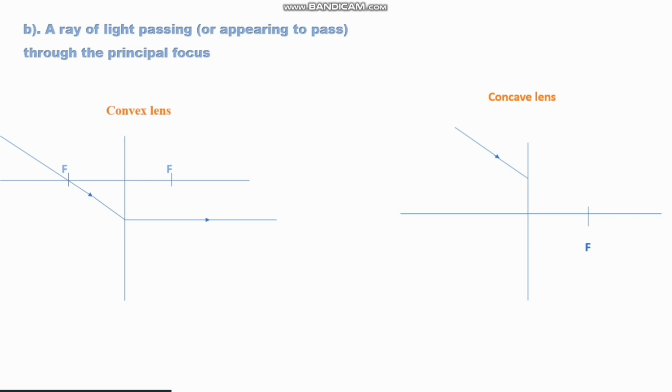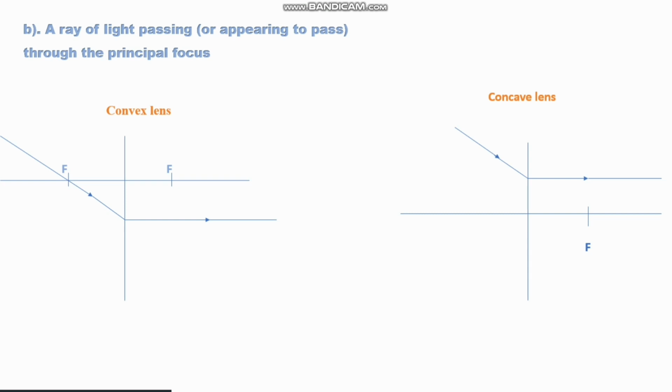When it reaches the optical center, as you can see, if we produce a line, this ray appears to come from the principal focus, or appears to pass through the principal focus, but is not refracted through the principal focus. For the case where it is appearing to pass through the principal focus, this ray of light is refracted parallel to the principal axis like that.